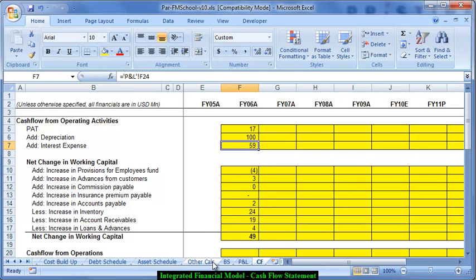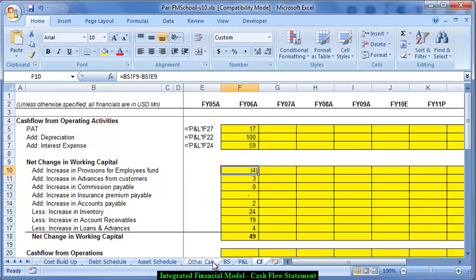Right, so let me write a few of them. I am getting my PAT from here. I am getting my depreciation from here. I am getting my interest expense from here.